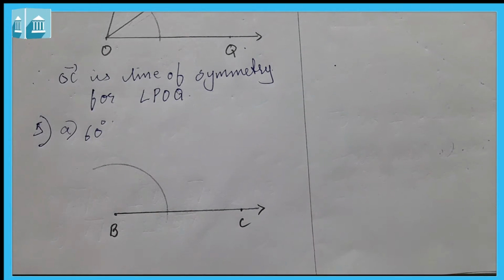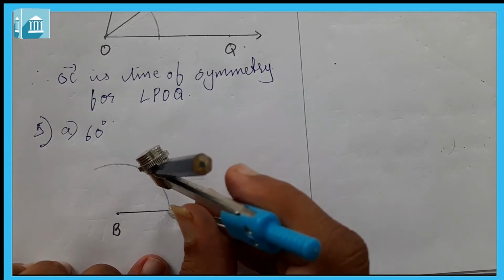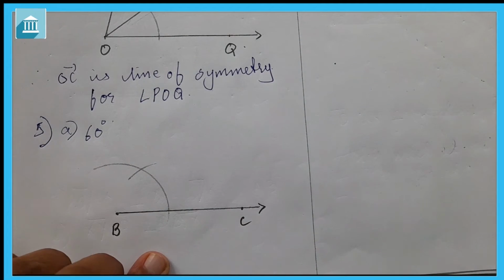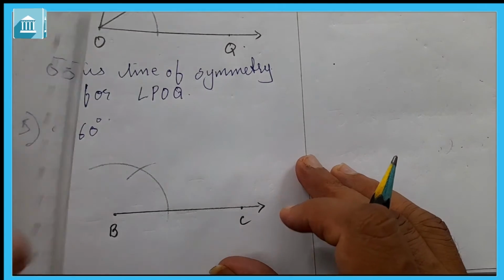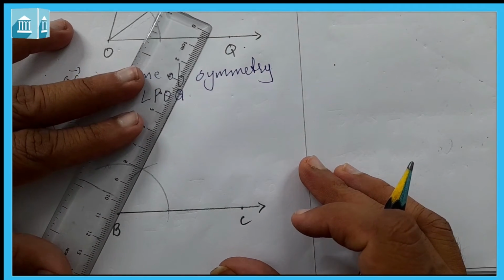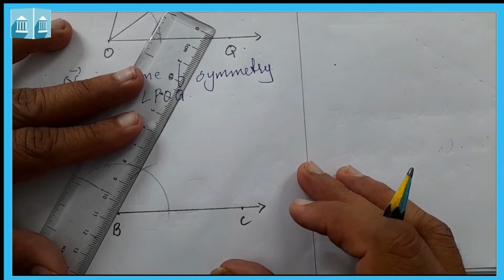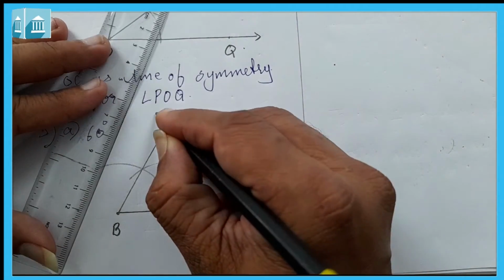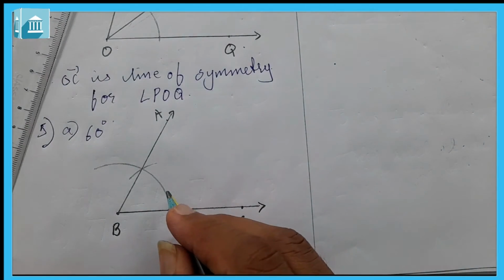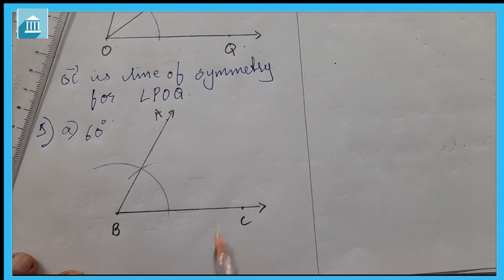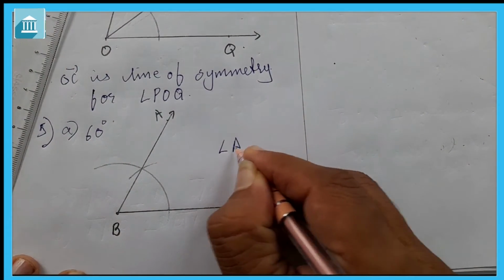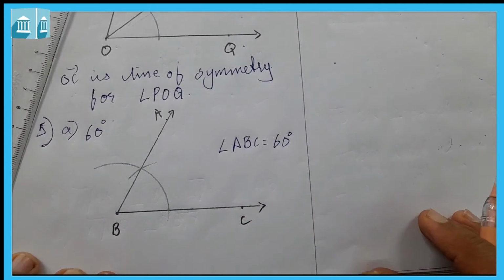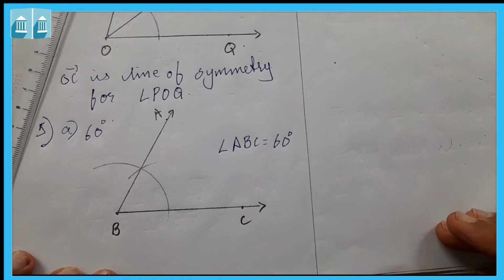Then with center this, we need to draw one arc like this, and then we have to join it. A, so we can say that angle ABC is equal to 60 degree.